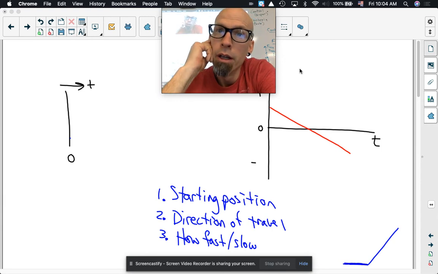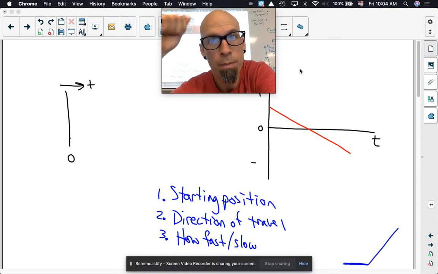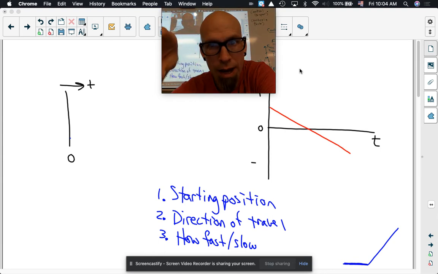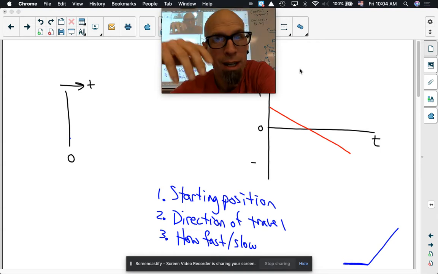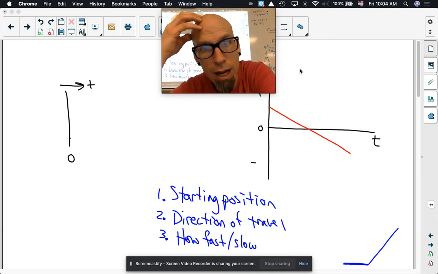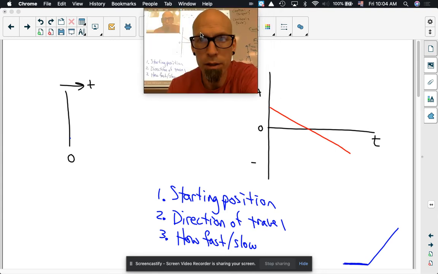And there was a list in that video about what kinds of things you needed to be able to do, like finding slope, writing the equation of motion for a graph, being able to use that equation, sketching a motion map, and we're even going to talk about describing motion using words. So hopefully that'll all make sense.